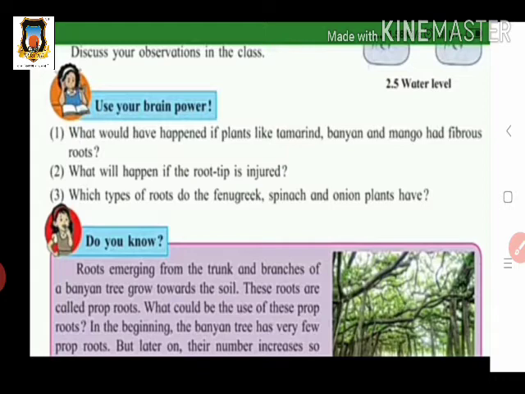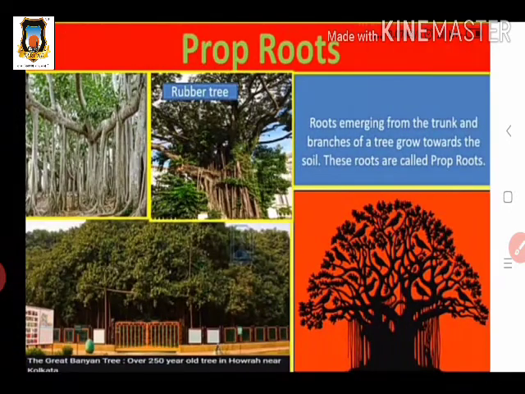So in Kolkata, the 250 years old banyan tree in the Indian Botanical Garden covers a very large area. It is supported by thousands of prop roots. Is there any such tree in your neighborhood? So you should observe such type of tree which is very old, which has survived for very long years.